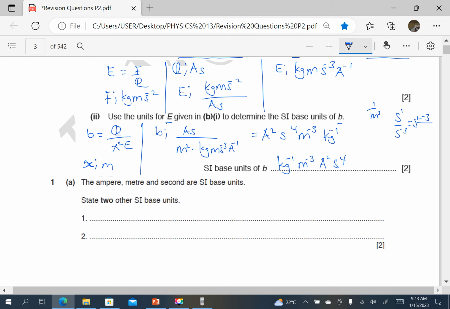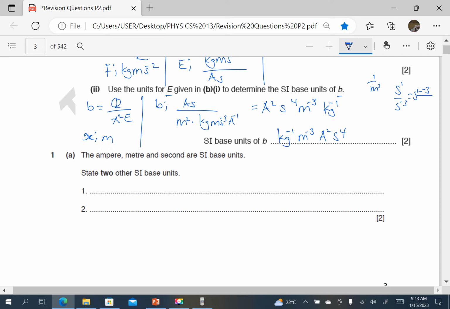The ampere, meter, and the second are SI base units. State two other SI base units. The base units are supposed to be 7 because they are 7 base quantities. So apart from those ones, we have the kilogram, or you can write kg.